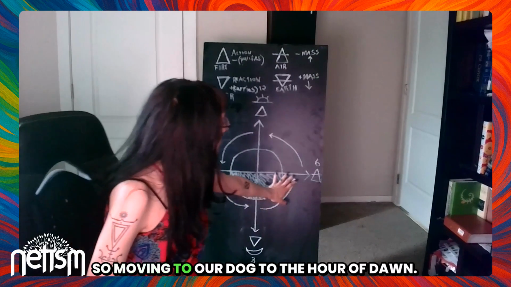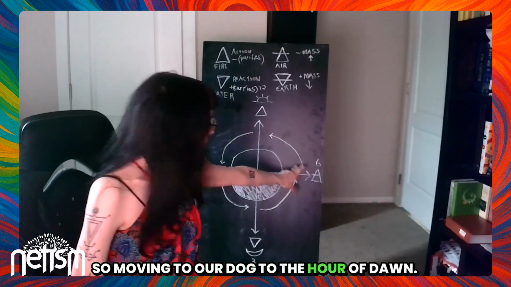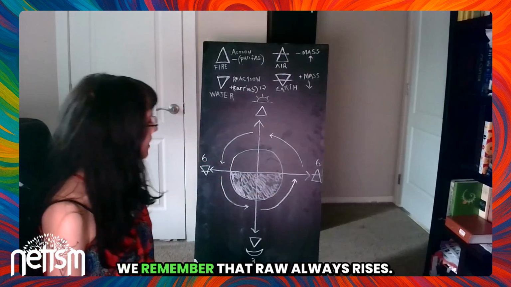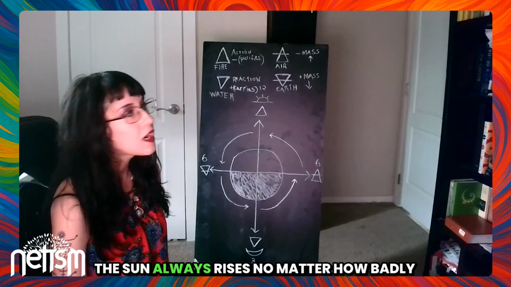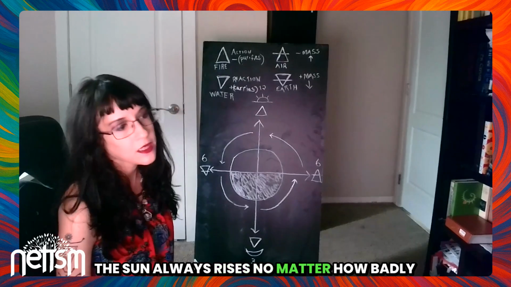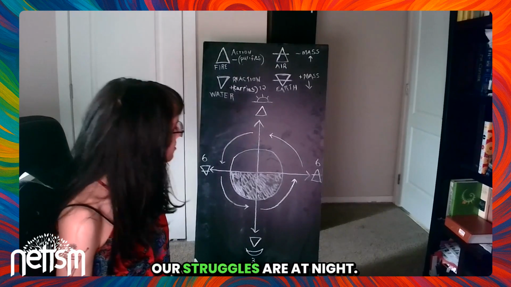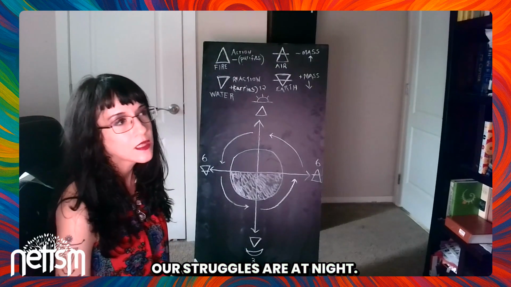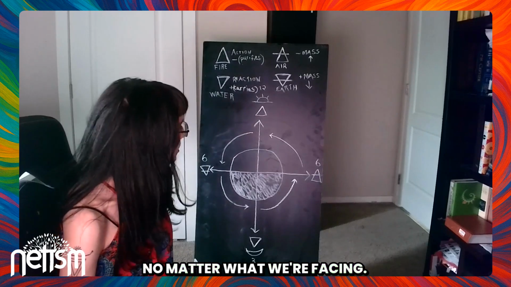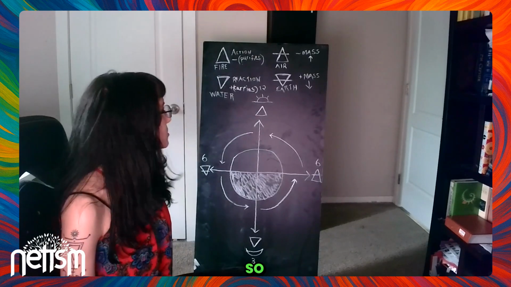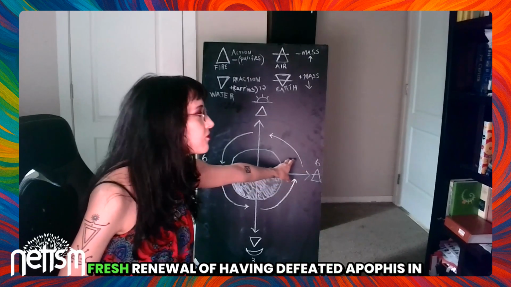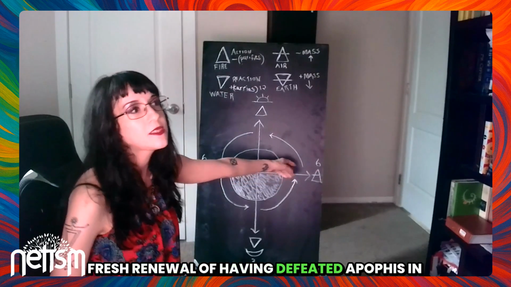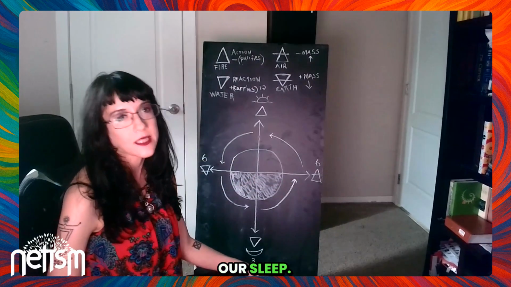So moving to the hour of dawn, we remember that Ra always rises, the sun always rises, no matter how badly our struggles are at night, no matter what we're facing, we also rise. So here is when we get to experience that fresh renewal of having defeated Apophis in our sleep.